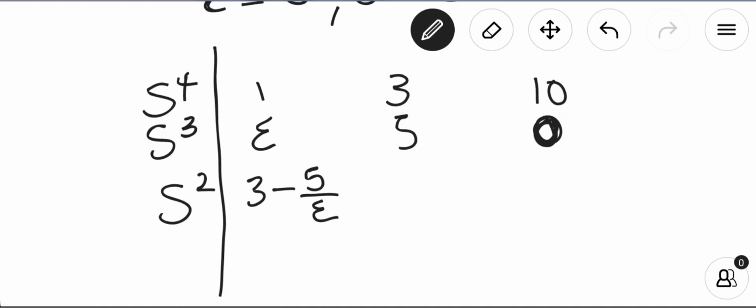After simplifying, this is what you have. 3 times epsilon minus 5 times 1 divided by epsilon gives you this.